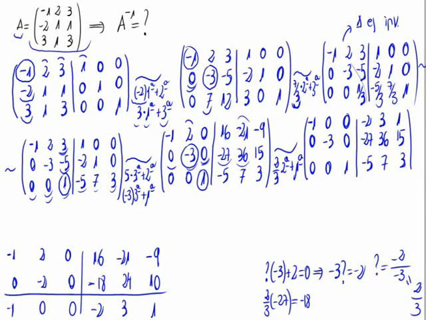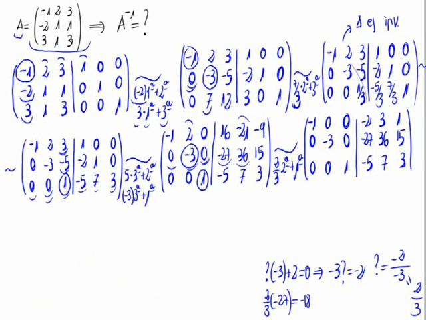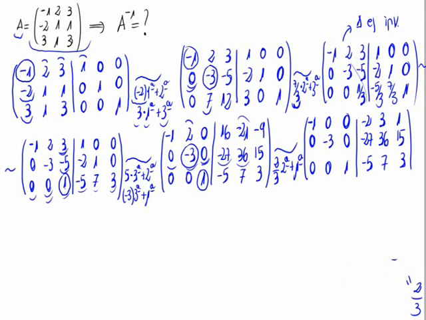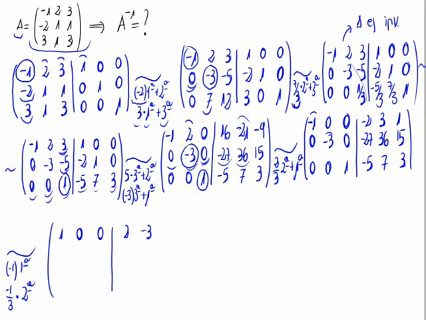Now we've almost finished, because we were seeking the identity matrix, but we got a diagonal matrix. So now all we have to do is multiply each row times its inverse. So that means we multiply the first row times -1 and the second row times -1/3. So the first row times -1 would be 1, 0, 0, 2, -3, -1.